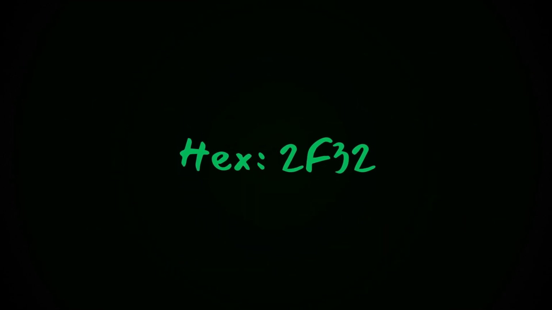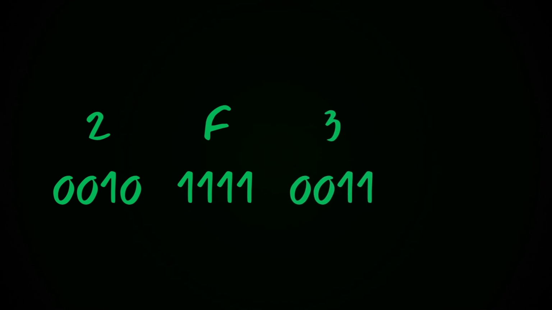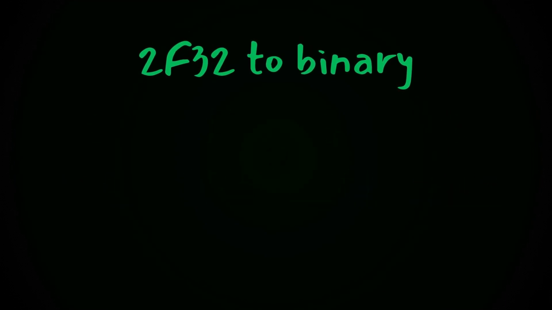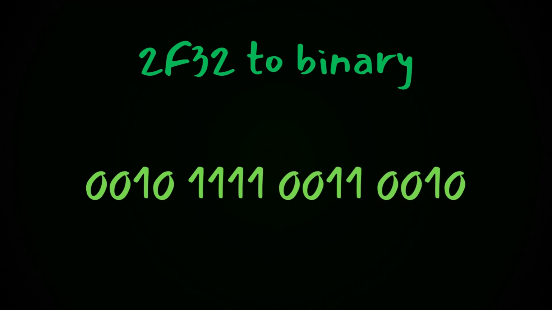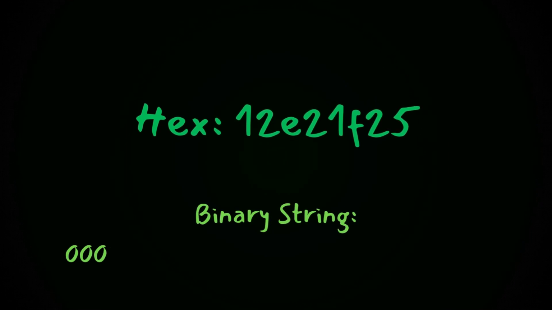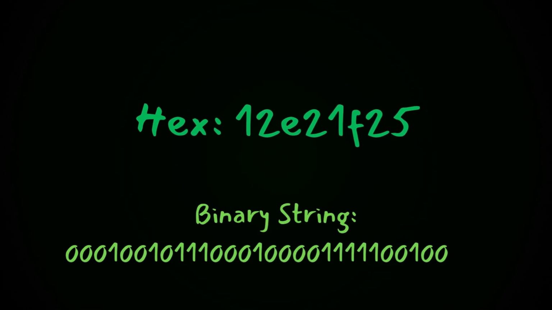For an example, 2F32 in binary is 2 equals 0010, F or 15 is 1111, 3 equals 0011, and 2 is 0010. This gives us the final binary representation. 0010111100110010. Now you see why it's better to use hexadecimal rather than sending out long binary strings.